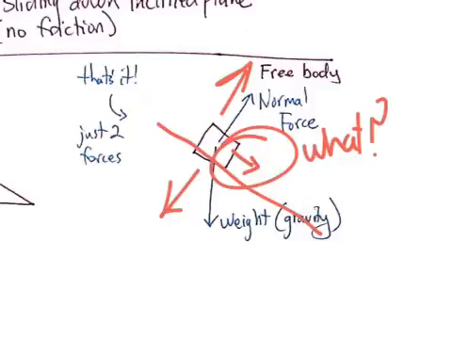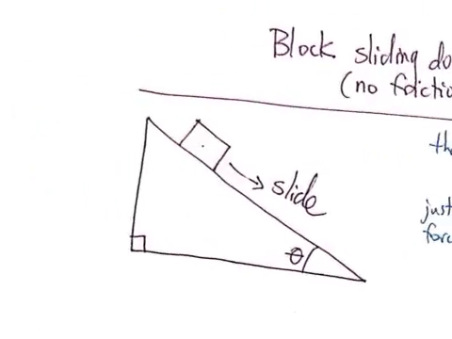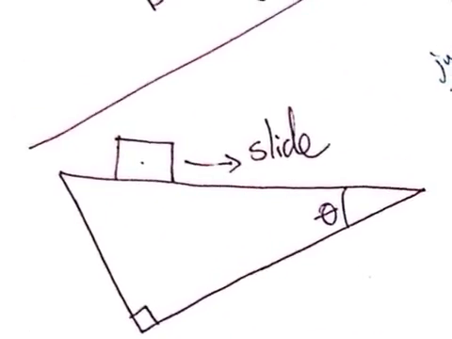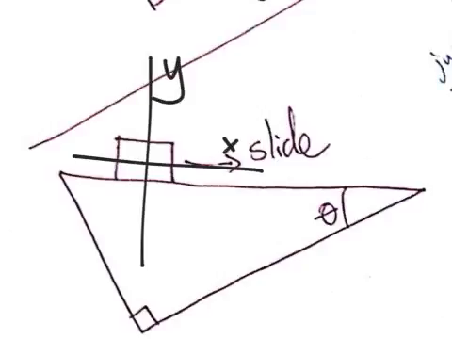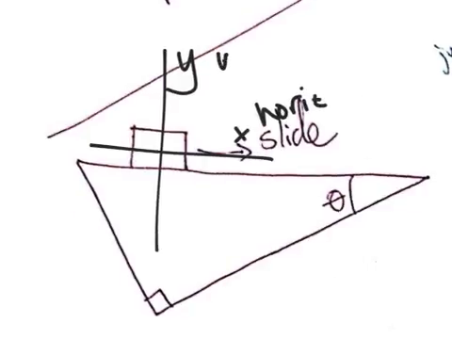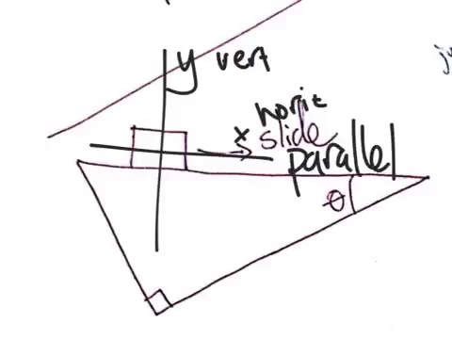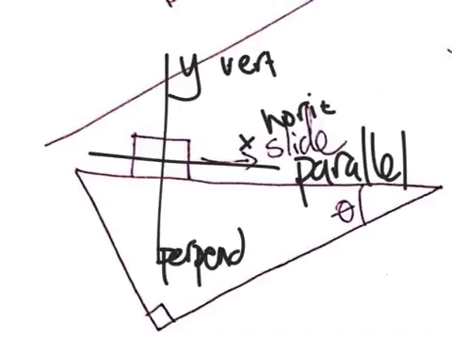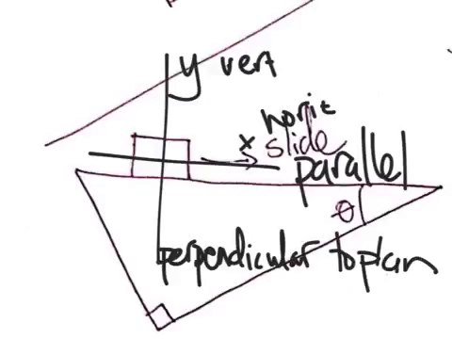We can do that by changing our perspective and thinking, all right, we have XY axes, or horizontal and vertical, or parallel. So these are the terms we use: parallel to the plane, and then this axis would be perpendicular, in other words, normal, perpendicular to the plane. So we're going to change our perspective, and what that means is that the weight is actually pulling down and pulling to the side.